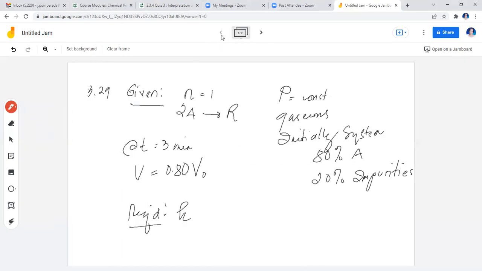That's the given. What else do you know together with the t? Do you know the V? Correct, V. You know the V in terms of the initial volume.